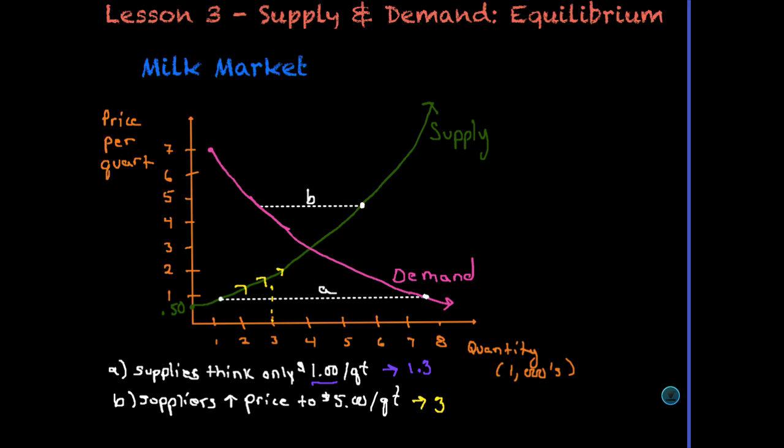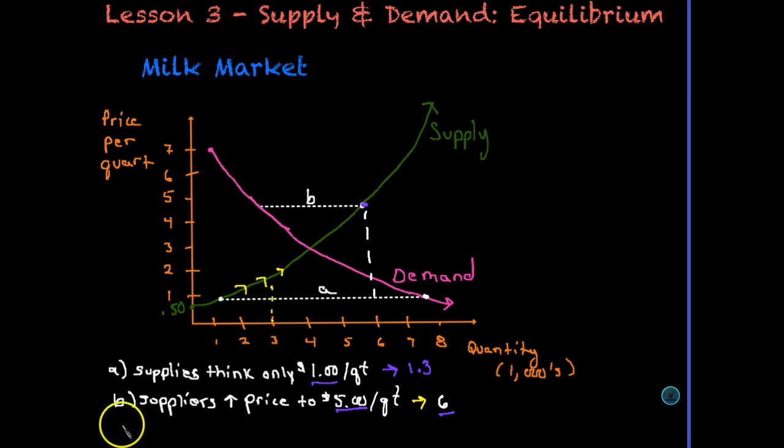If we come down here, at $5, we're willing to supply 6,000 quarts right here, $5.